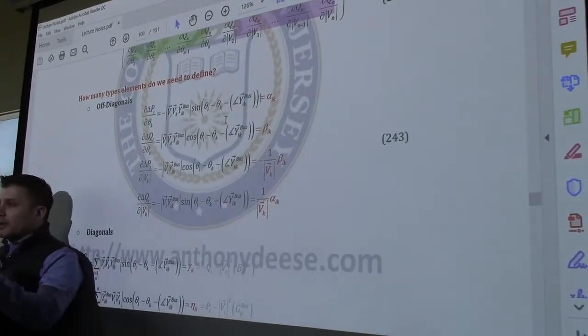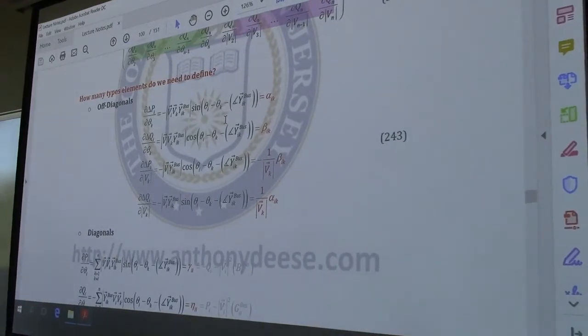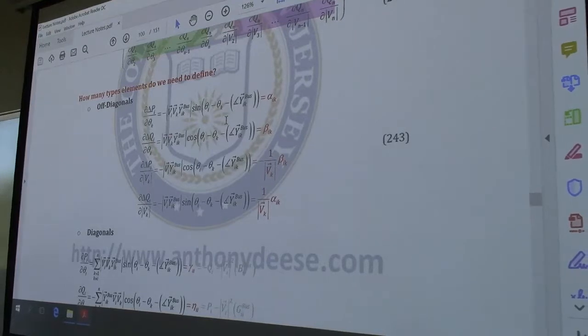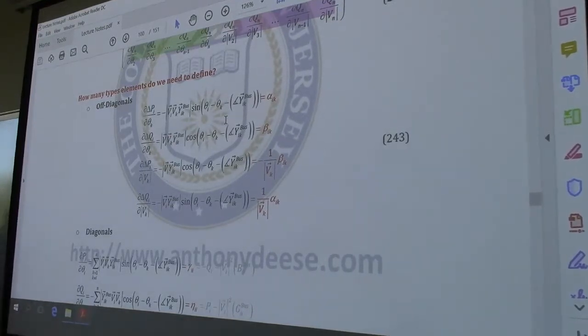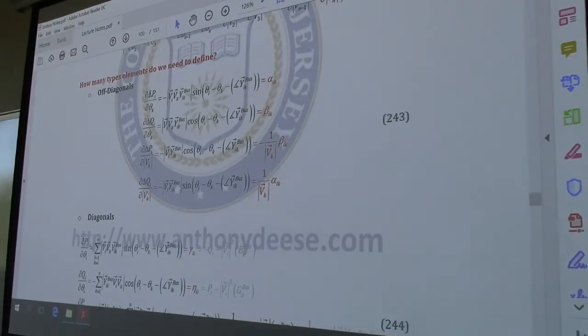The values are different. There's the diagonal values. There's the off-diagonal values, okay? So let's take a look at how these work. There's 4 different types of derivatives that you have to deal with in the off diagonal. There's dp d theta, there's dq d theta, there's dp dv, and there's dq dv, right?